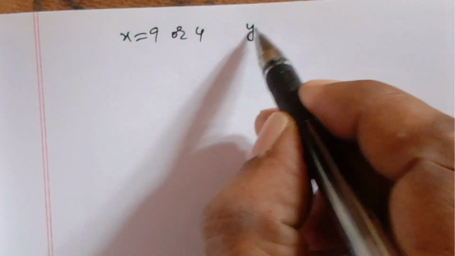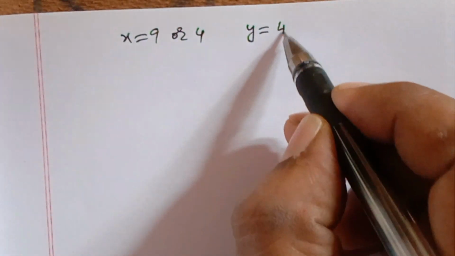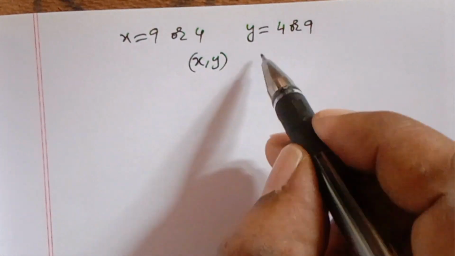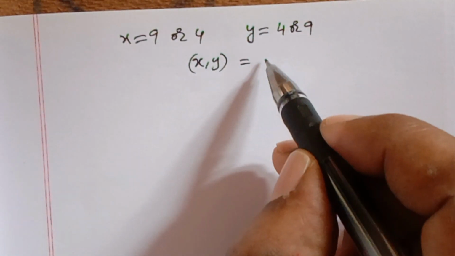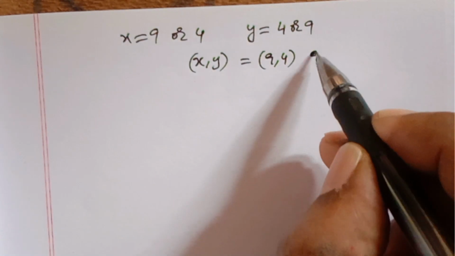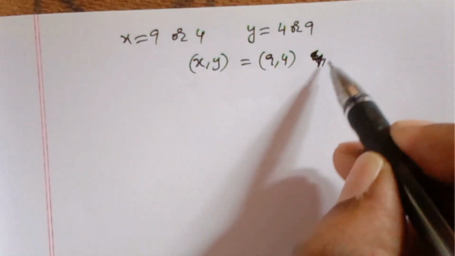So x is equal to 9 or 4. Then y will be 4 or 9. Therefore the values of x and y are 9 comma 4 and 4 comma 9.